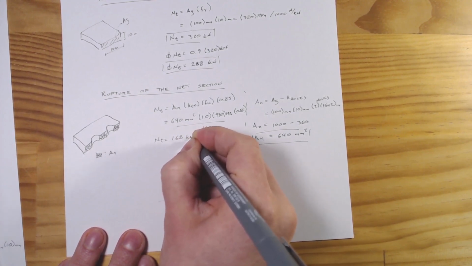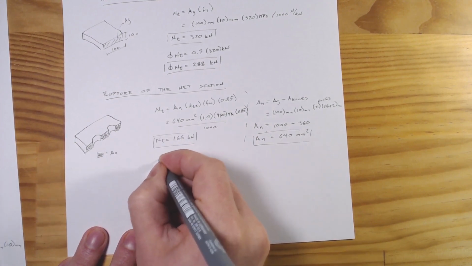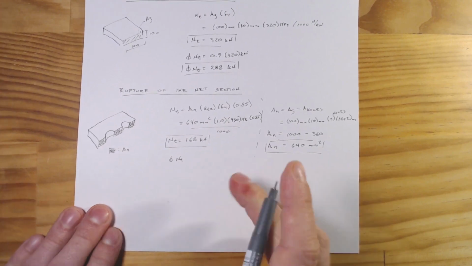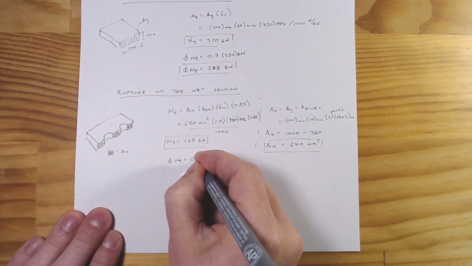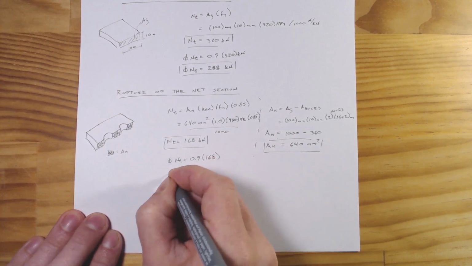Ns of t equals 168 kilonewtons. Phi Ns of t equals 0.9 times 168.